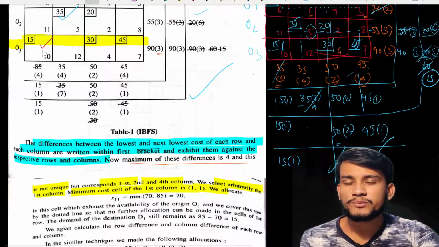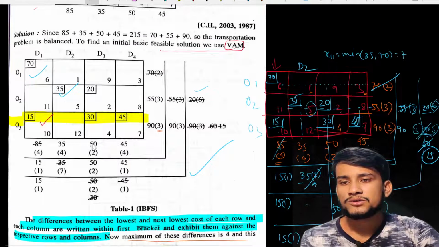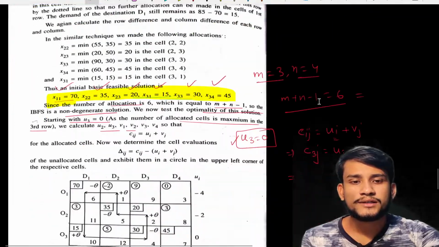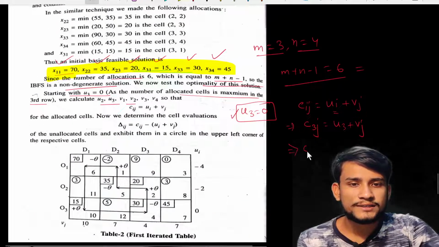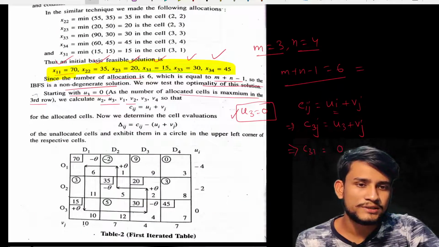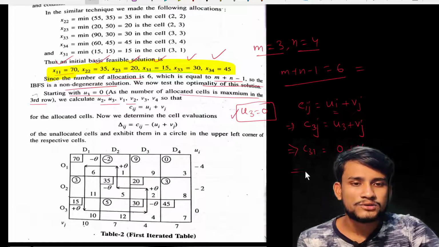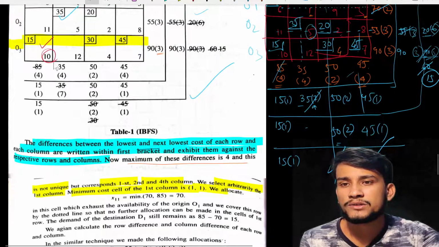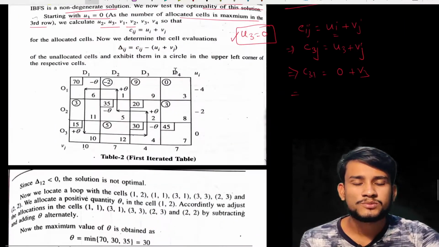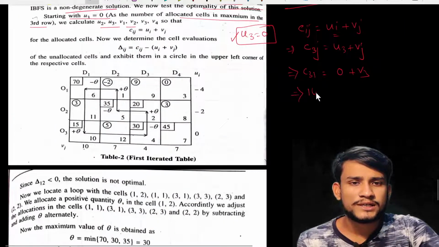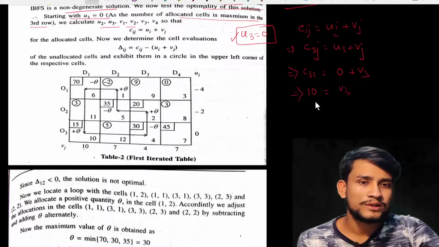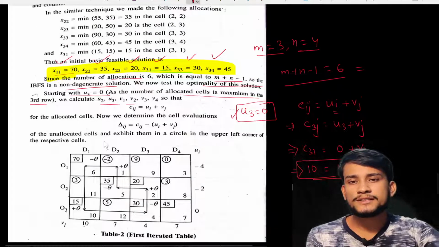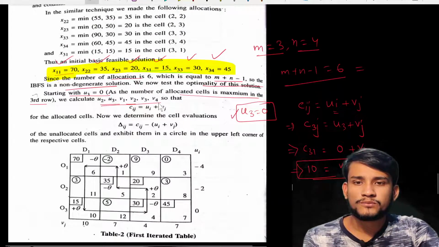If we write here, suppose c31, this is equal to u3, which is 0, plus v3. The value of c31 is 10, the cost corresponding to the cell 31, so 10 equals v3, so we find v3 equal to 10.